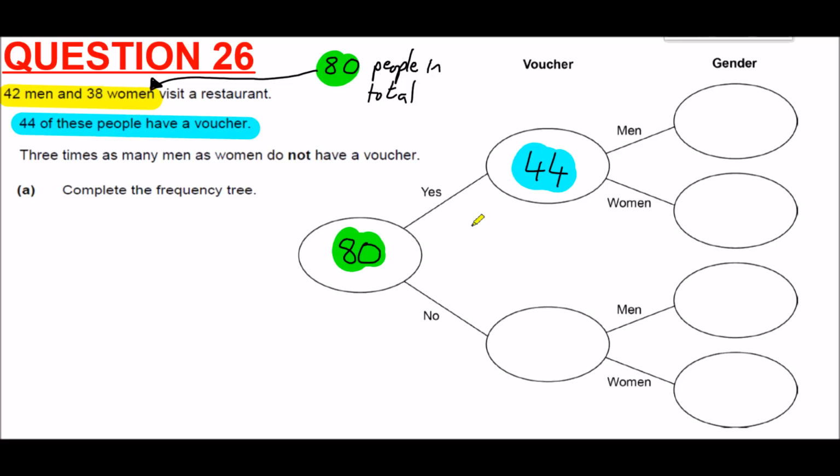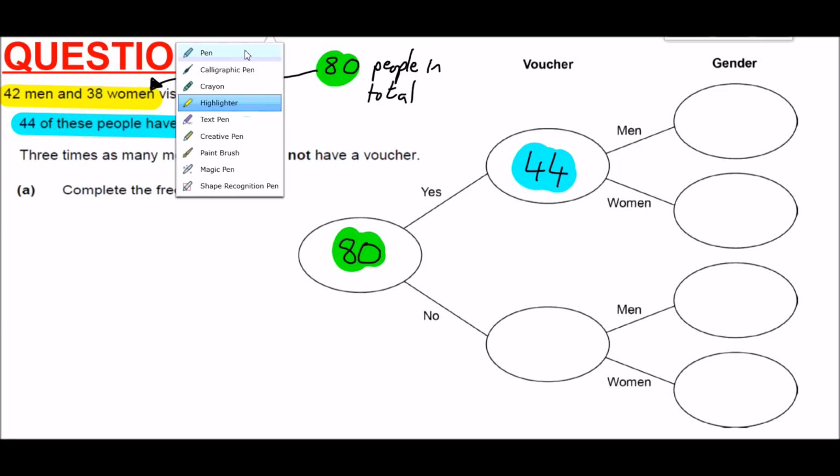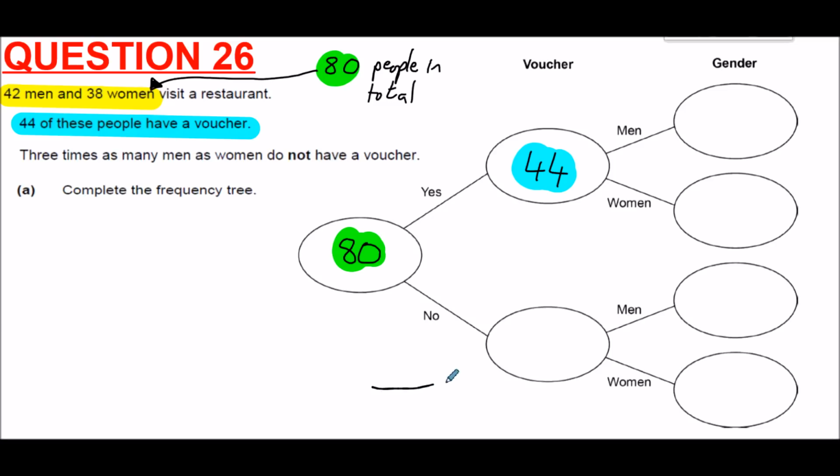Now, with frequency trees, each time they branch, the total of the branches will always have to add up to where it branched from. And so this one here, plus the branch for no, needs to add up to 80. And so we can calculate this one over here by doing 80 take away 44.